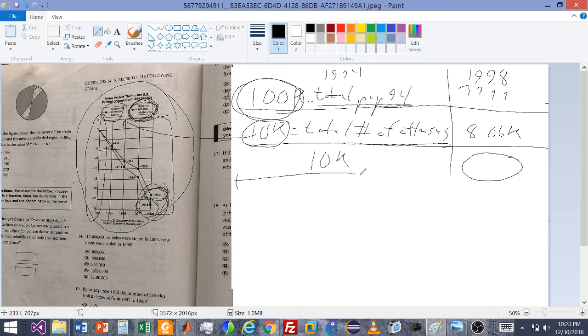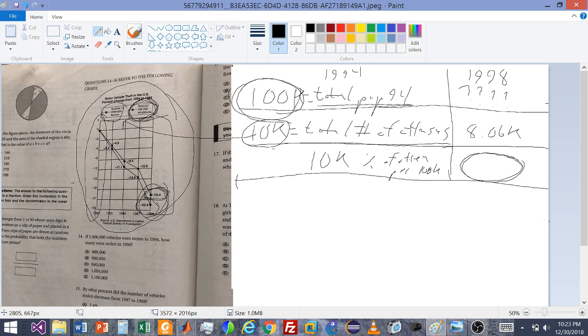Alright, so now we're working our way to everything we need in the problem. So we need to find this number right here. We need to find out what is the percent of thefts, or offenses, per 100,000 people.